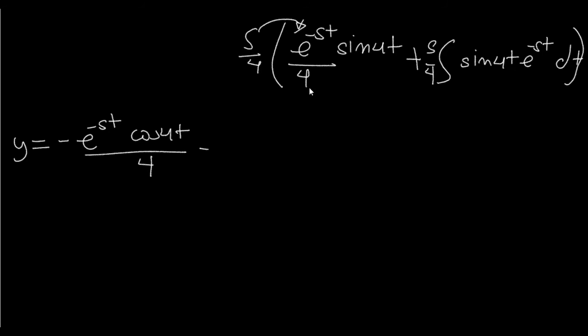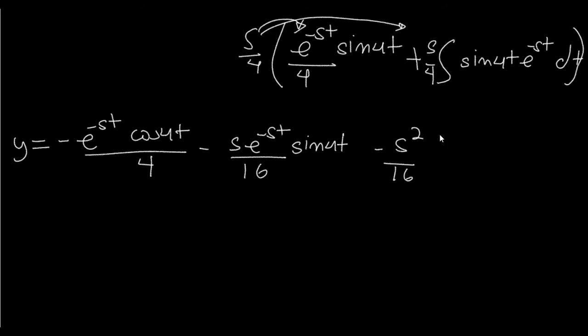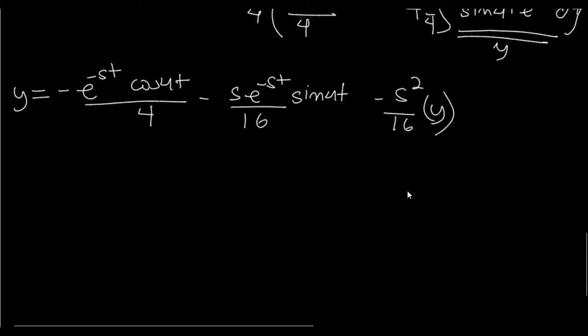So, ito ay magiging s e to the negative st over 16 sine 4t. Tapos, pag dinistribute natin sa loob, may negative sa labas pala rather. So, magiging negative s squared over 16. Tapos, ito ay y. Alam naman natin na y yan. So, magiging y na lang muna yan, para hindi rin masyadong mahaba yung sinusulat natin.